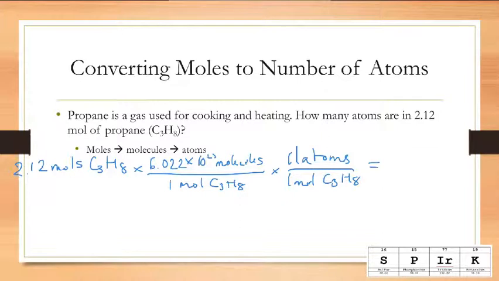So when we go through and cancel out our units, we can cancel moles with moles, molecules with molecules. And we're left with atoms on top. So when we multiply that through, we get 1.40 times 10 to the 23rd atoms.